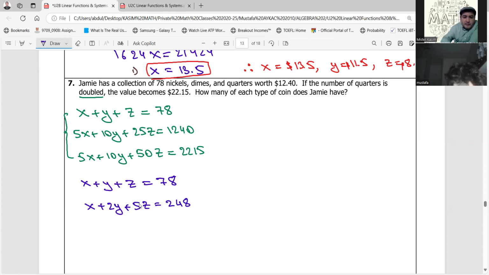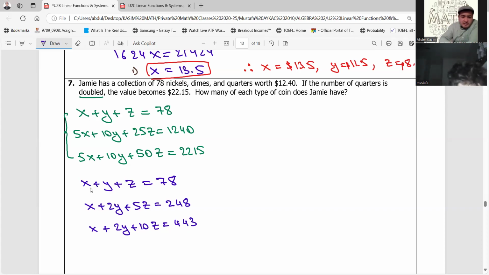And for the third one, also divide by 5. x plus 2y plus 10z equals, 22 divided by 5, 4. 21 divided by 5, 4. 15 divided by 5 is 3, right? 443. You see, every time you don't have to eliminate z first.